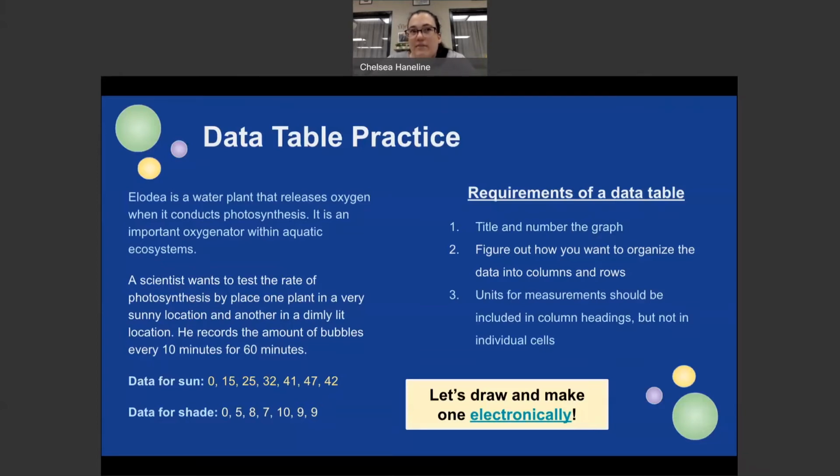A lot of times, if you put what needs to be on the x-axis on the horizontal and what needs to be on the y-axis on the vertical, then that will allow you to copy and paste that and directly make a graph from that information. And your units of measure should be included in the column headings, but not in your individual cells. Those should be in parentheses after the title of your headings, and that will make sense in just one moment.